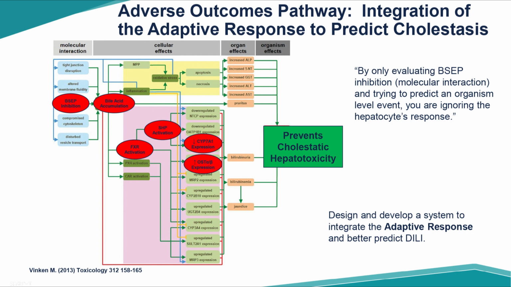There are a number of different steps in between that we're just ignoring. So one of the things we were thinking about is whether there's a way to add some conditions and develop a system that captures some of the things occurring in the middle here and improves that prediction.